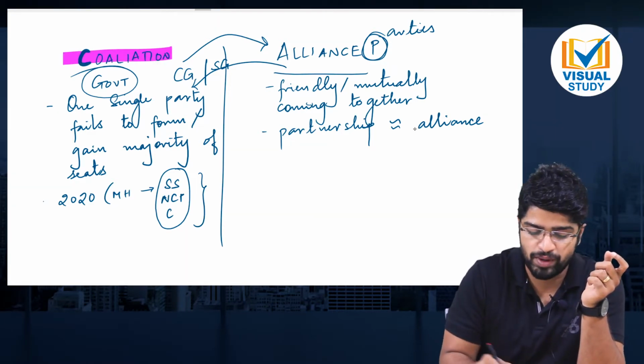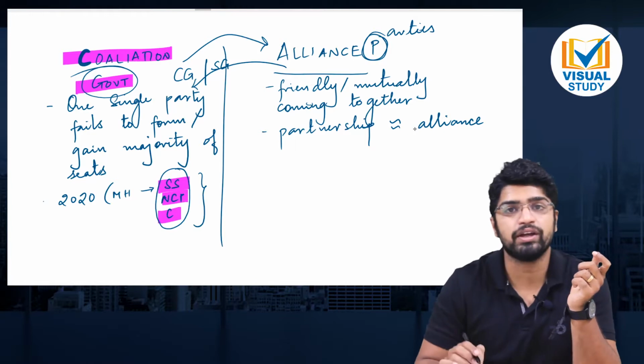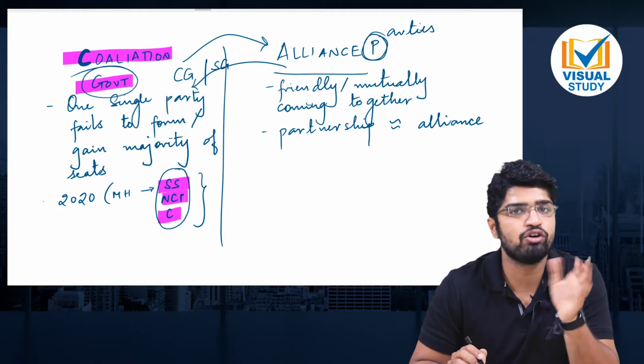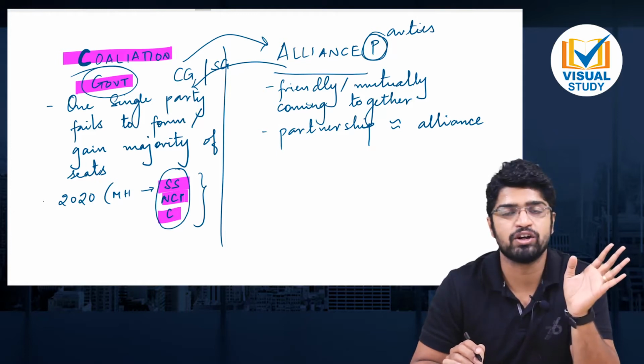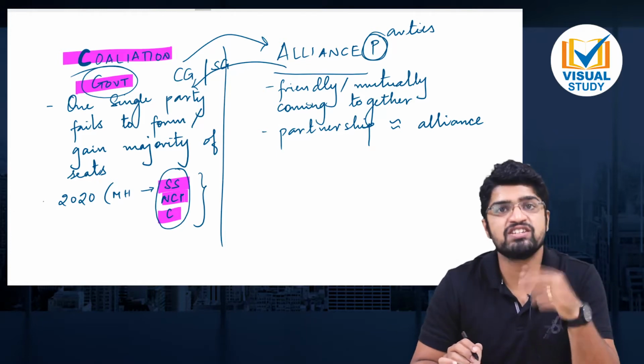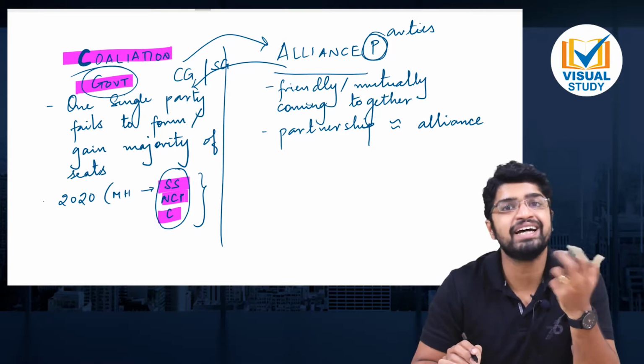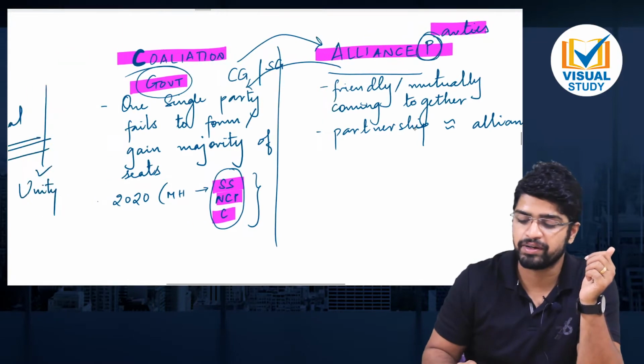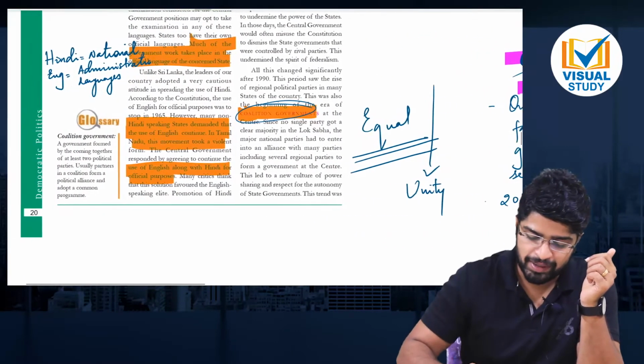So alliance is always with parties coming together, whether they form a government or not, which is absolutely not compulsory. But coalition is the formation of government with the help of alliance partners. Clear, everybody?